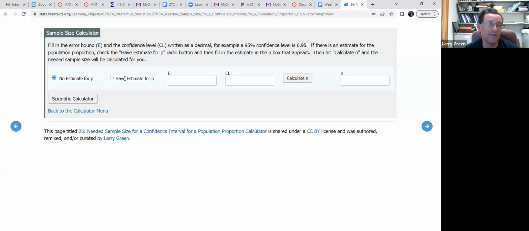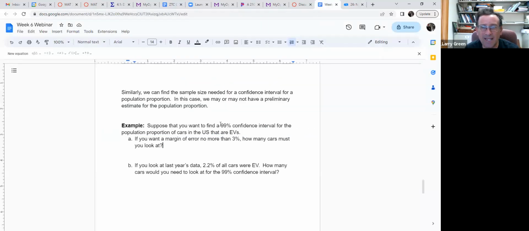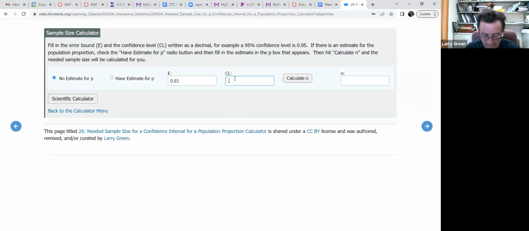So click no, no estimate for P. I want the margin of error to be 3%, so 0.03, because that's how that percent is. And then the confidence, I want to be 99% confident. So 0.99, and I calculate it. And it's 1,844.